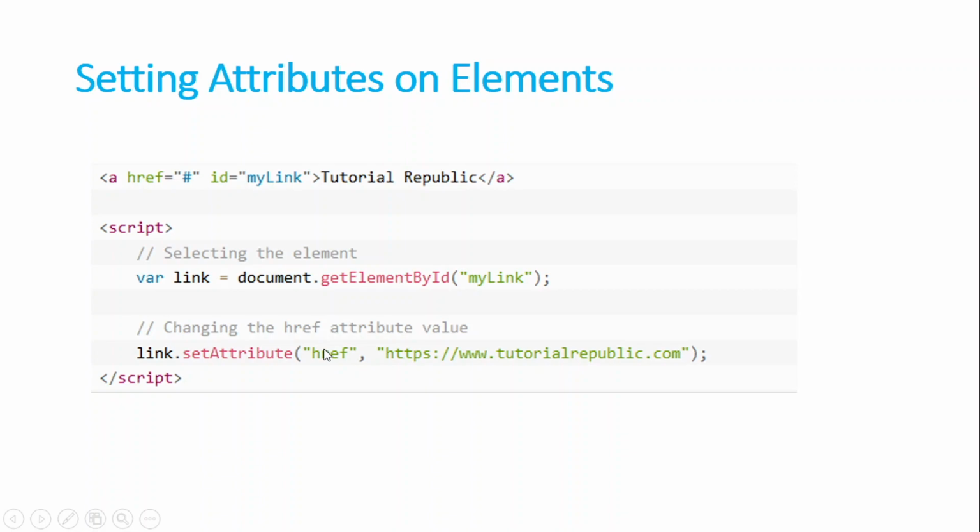Href is the attribute that we want to update or add. In this case, it is already there, so it will update the href value. Now we can specify the updated value that we want to apply on this href attribute. So it will update with this link here. So this is how we can set the attribute with the help of setAttribute, and we can also update the attribute value as well.